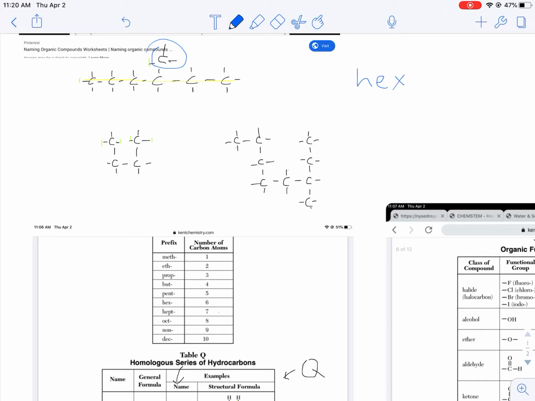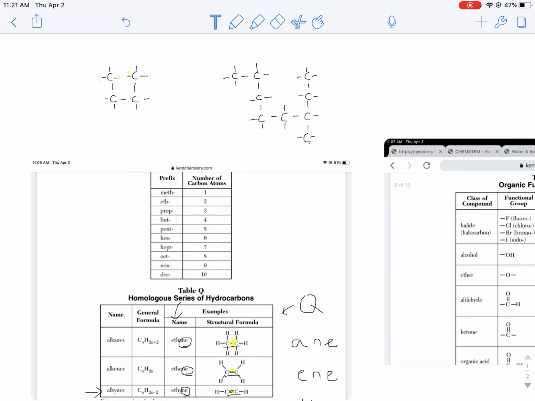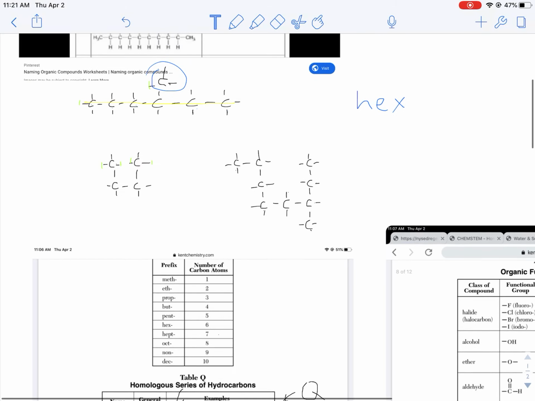Now, if you notice, the linkages are all single bonds, which brings me down to table Q. If I take a look at table Q, down below, if I can scroll up, if I have single linkages, that would end with an ANE. So I'm going to call it hexane.